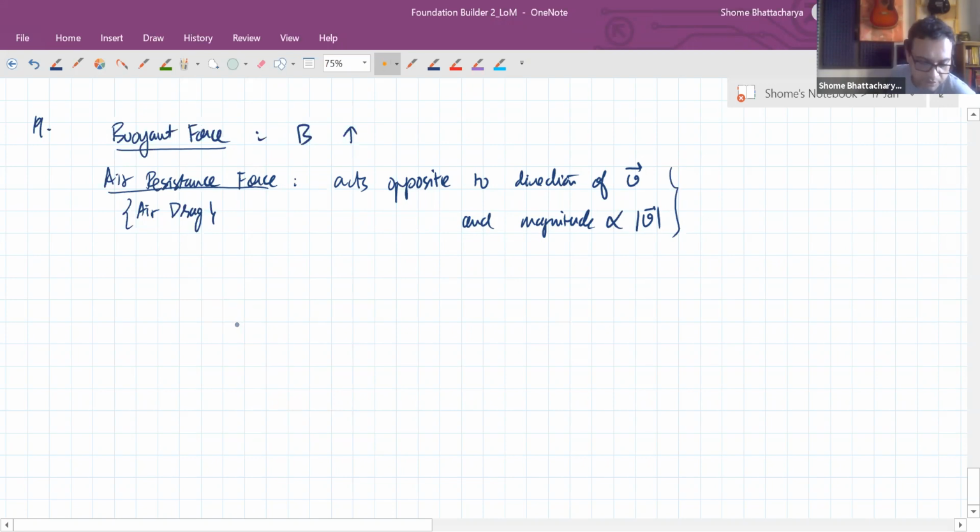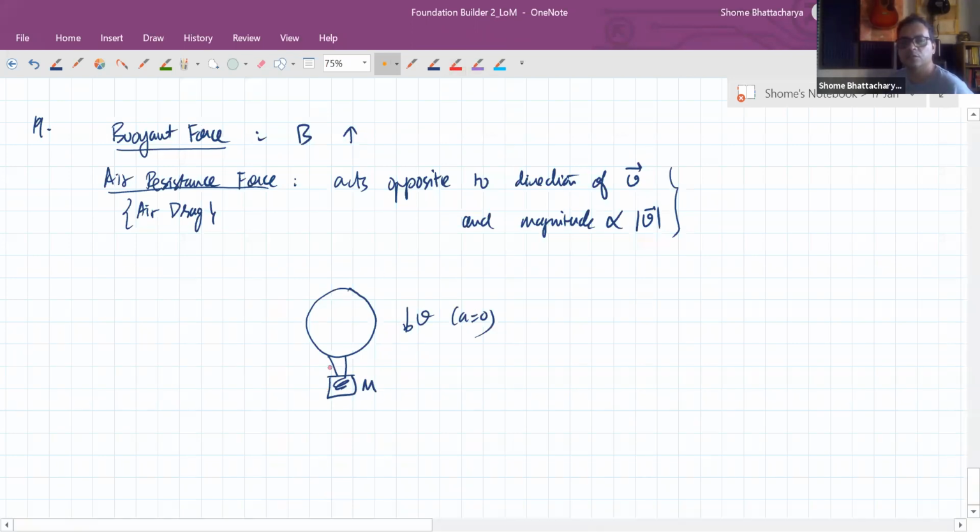So now in one case, what is happening? The balloon carries a mass m and is found to fall down near the Earth's surface with constant velocity. So let's say this is the balloon and you have suspended some mass m. In this situation, the balloon is falling with a constant velocity v but zero acceleration. So in this case, what are the forces acting on the balloon?